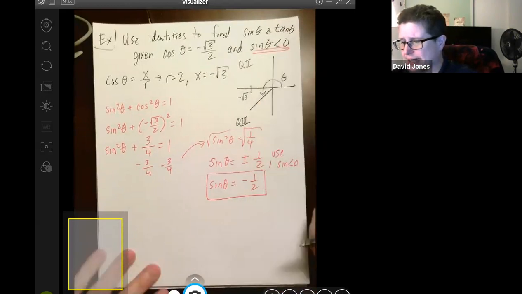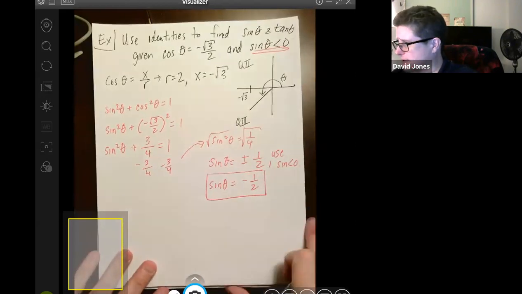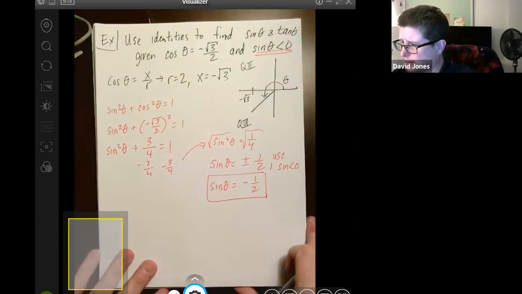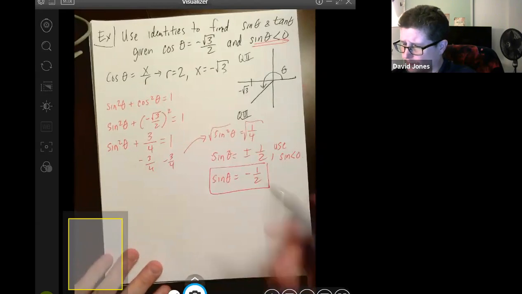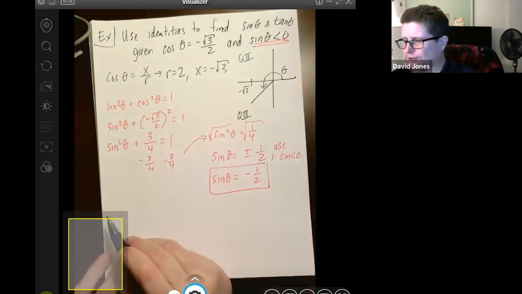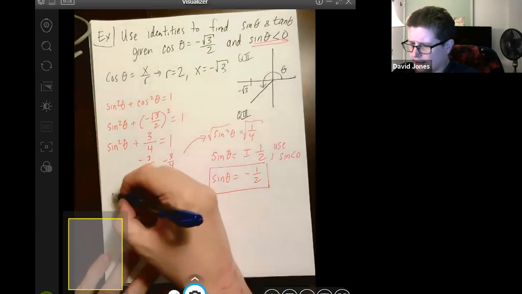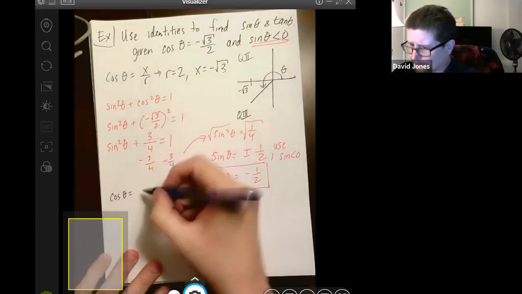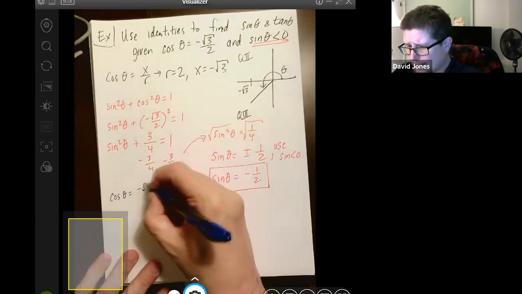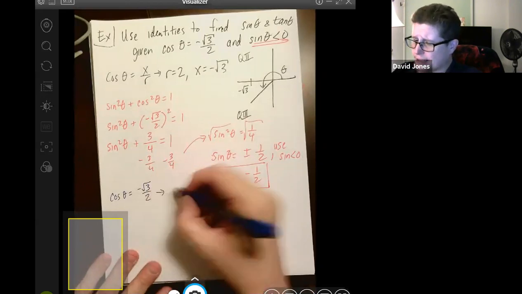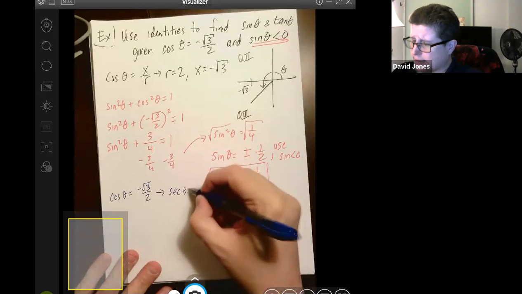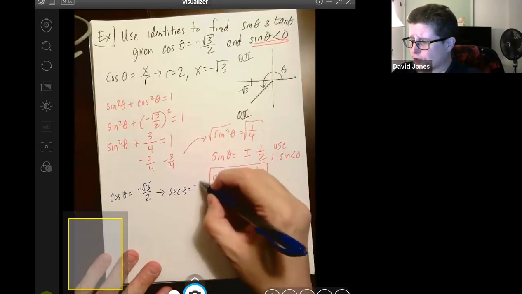We need tangent now. We can use sine over cosine, but I'm going to use the identities. Cosine theta is negative root 3 over 2, which means secant theta is negative 2 over root 3.